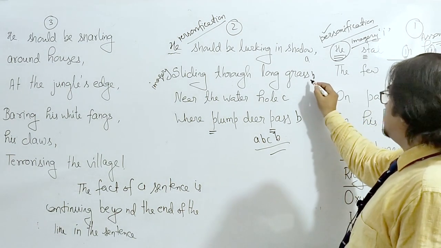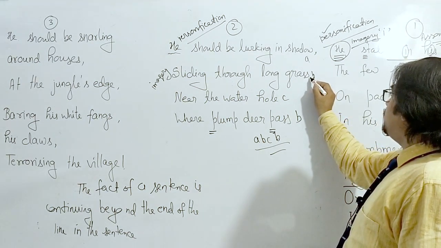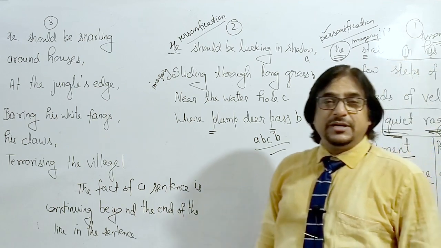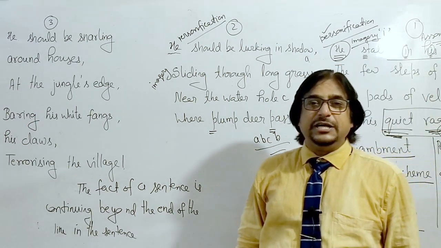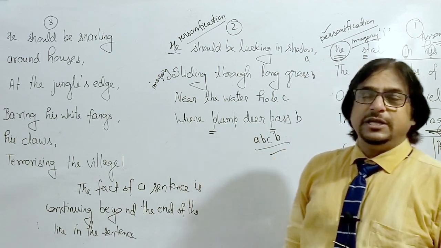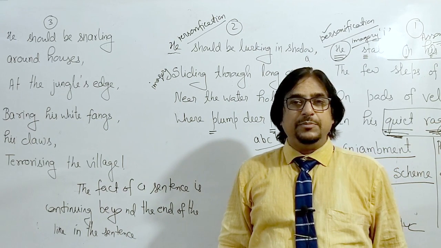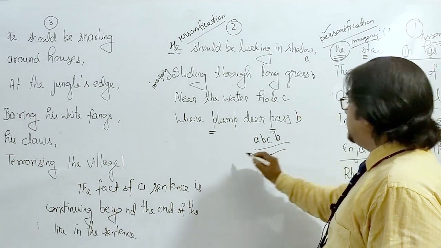Enjambment is here. There is no full stop and no punctuation marks. As I told you earlier, enjambment is when the sentence continues beyond the end of the line of the poem. So here the enjambment poetic device has been used.